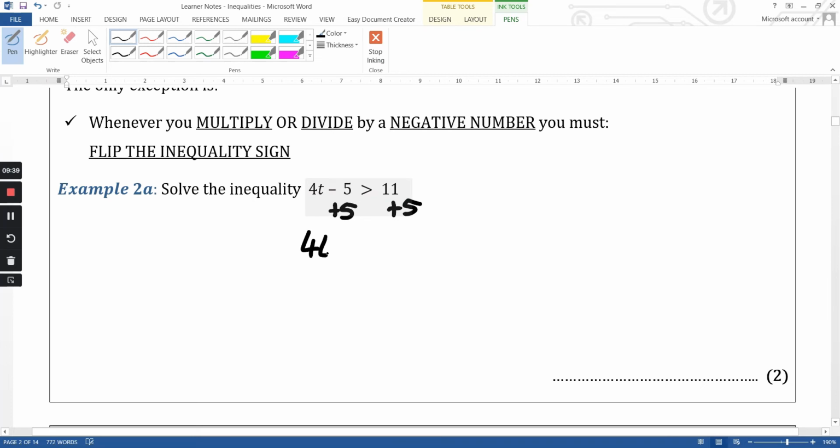So I've got 4t is greater than, still the same symbol, 11 plus 5 gives me 16. And I just want 1t, so I'll have to divide by 4 on both sides. That gives me 1t is greater than 4. And that whole thing is my answer, not just 4 on its own. t is greater than 4.